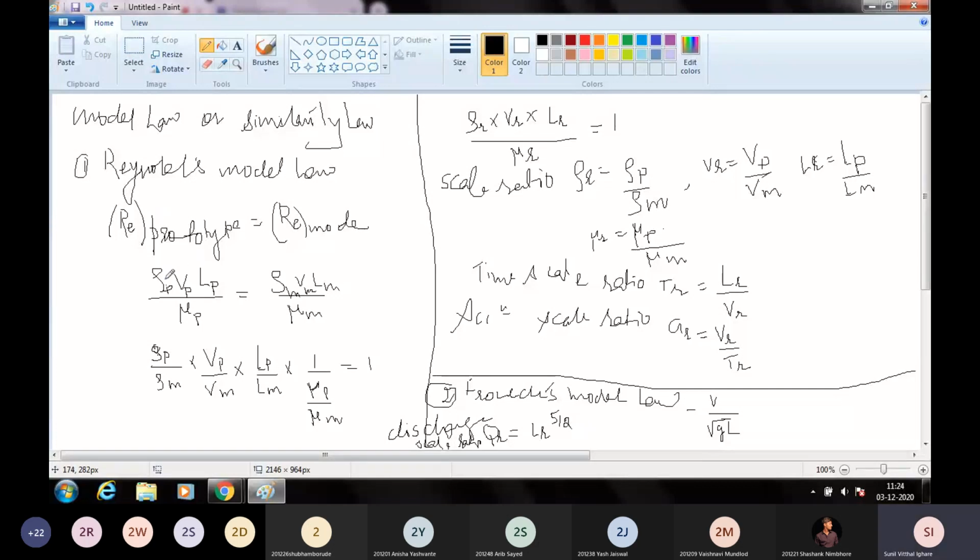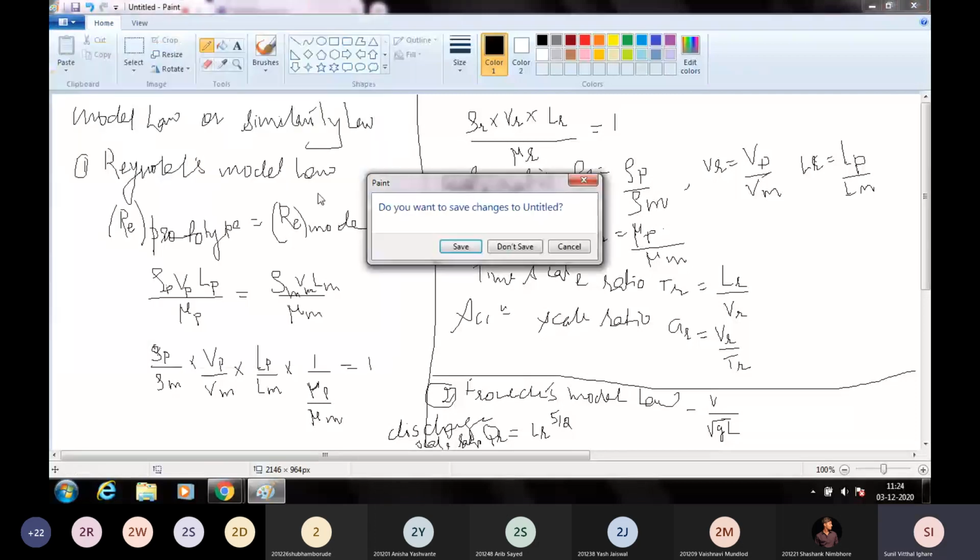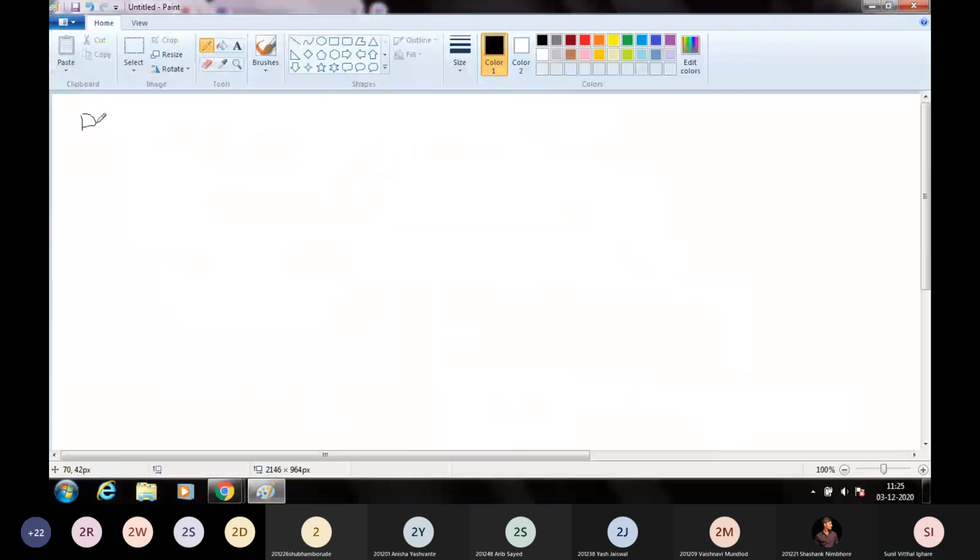Before that, we talk about a few terms like distorted models. Distorted models are those which are not perfectly geometrically similar to the prototype.